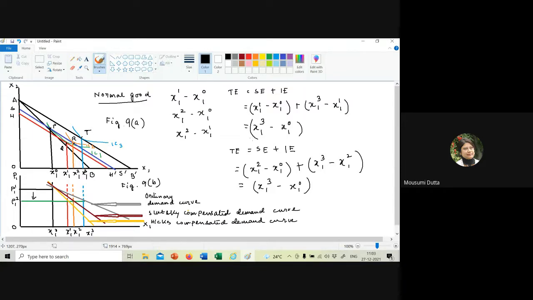So we will see that in case of inferior goods, the Hicks demand curve will be flatter than both the ordinary and the Slutsky demand curves.